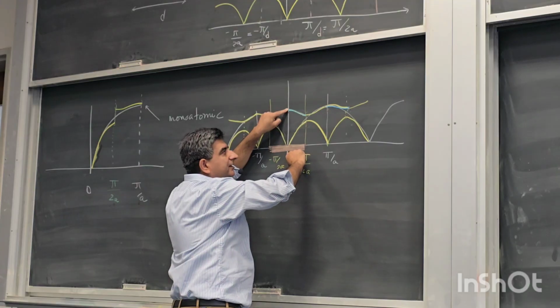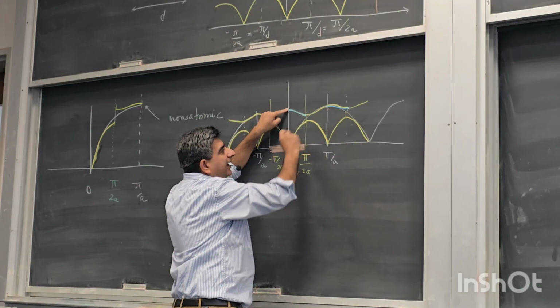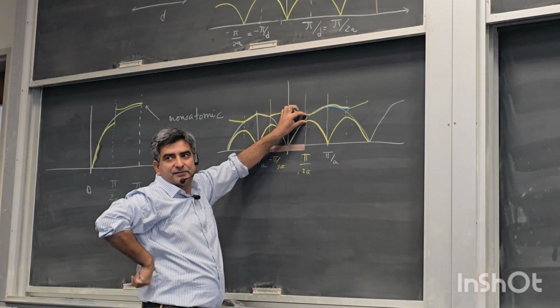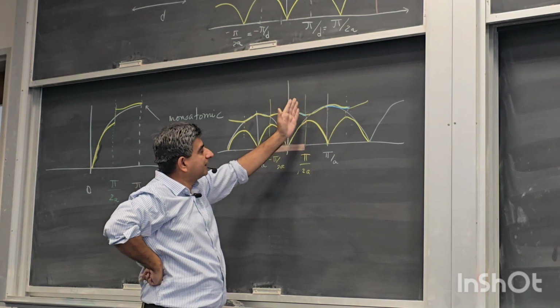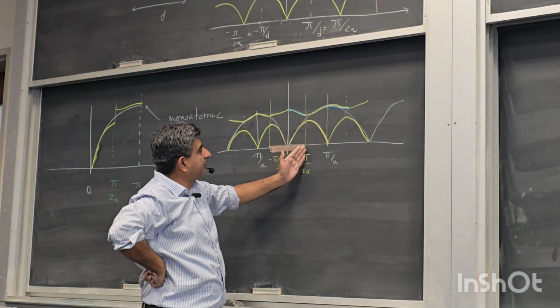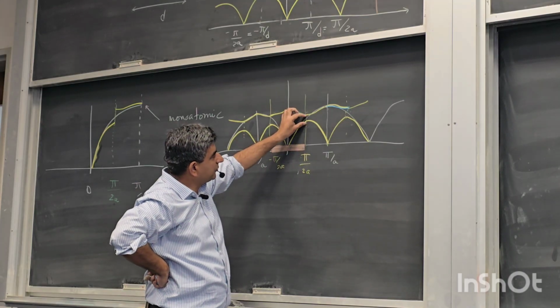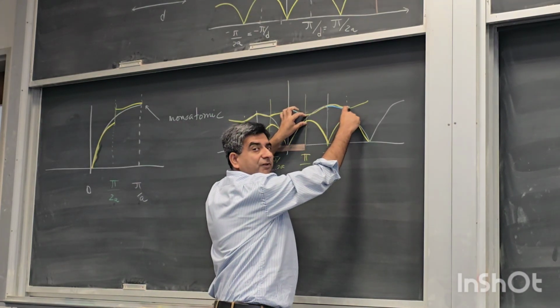So it's evident that this white curve has split, showing a discontinuity at the boundaries of the Brillouin zone. It's showing a discontinuity here, and it's showing a discontinuity here.